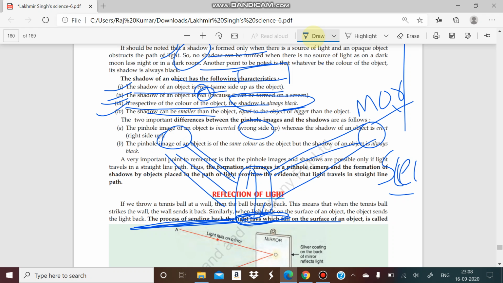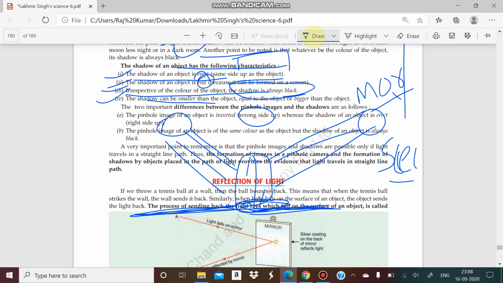In these conditions there is a chance the shadow's height will be equal to our height. So the shadow can be smaller than the object, equal to the object, or bigger than the object. These are some characteristics of the shadow. I think it's clear to you.